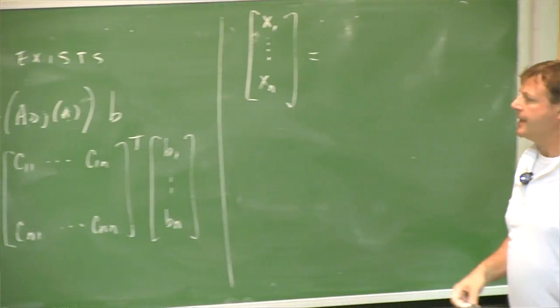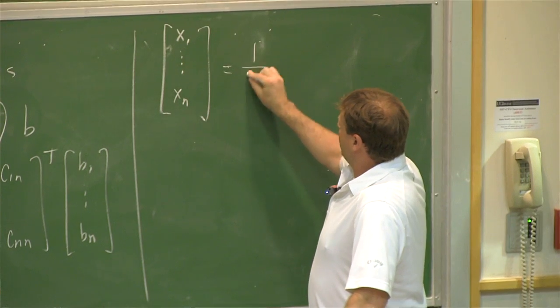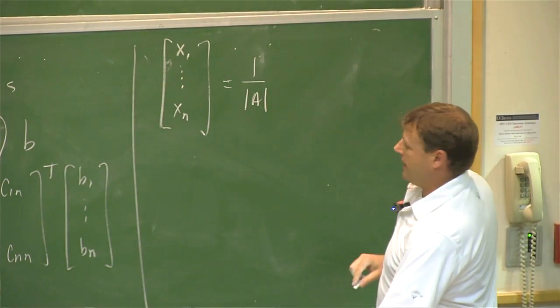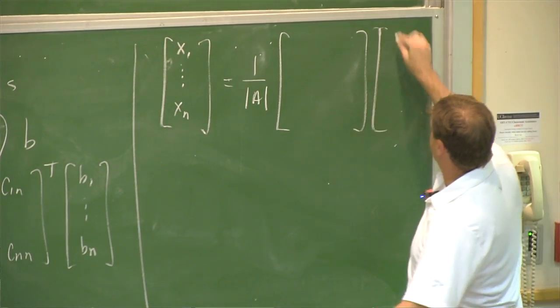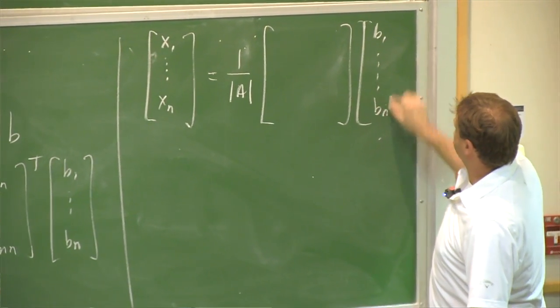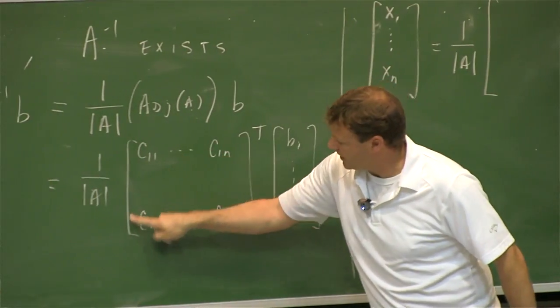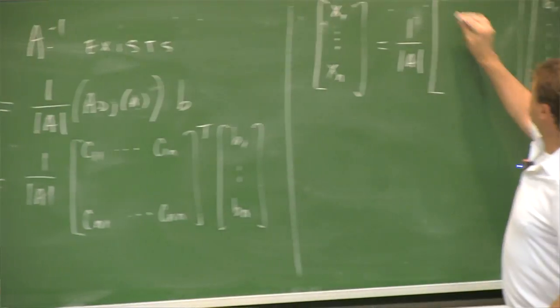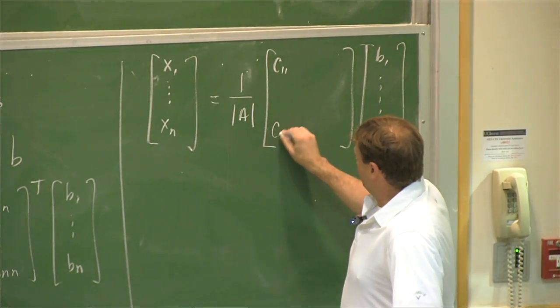Okay, what happens if I take, let's do the transpose now. So it's 1 over the determinant of A. Then I do the transpose. We're almost at the end here, so just hang on. Okay, what happens when I do the transpose? All of this stuff becomes the columns now. So I get C11 all the way down to C1n.